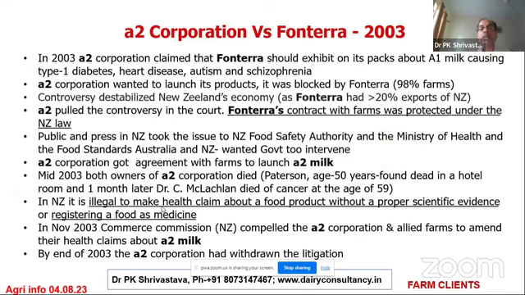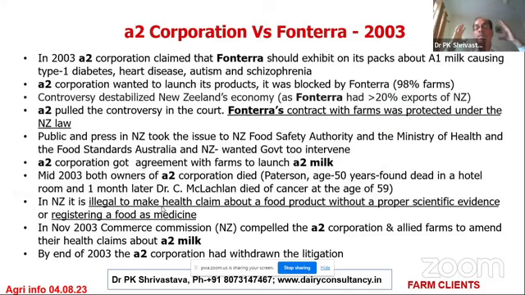on their board and on their packs that A1 milk is causing type 1 diabetes, heart disease, autism, schizophrenia. These things are related to A1 milk. And since most of Fonterra's milk is A1 milk, they should brand it. The A2 Corporation wanted to launch its own product, but it was blocked by the 98% of farms because they were with Fonterra. The controversy destabilized the New Zealand economy because it was a big jolt.